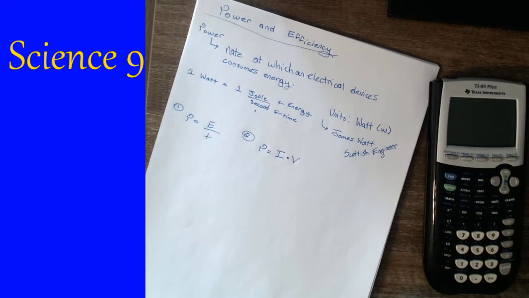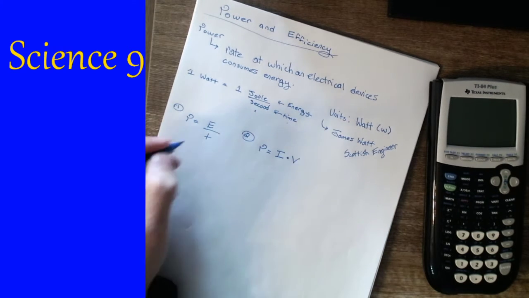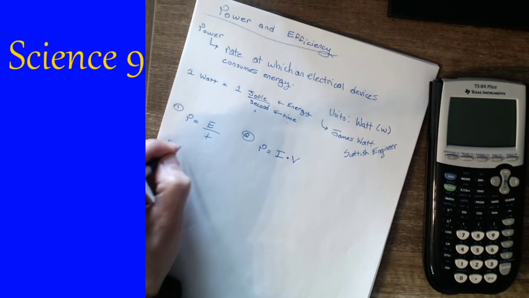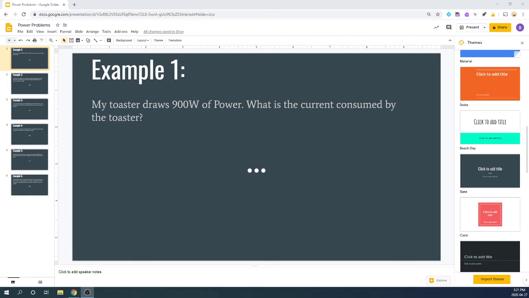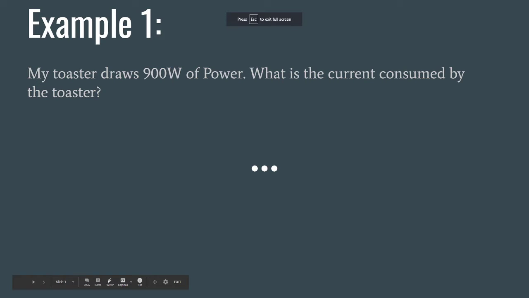Let's see an example of using one of these equations. Okay, so my toaster draws 900 watts of power. What is the current consumed by the toaster?